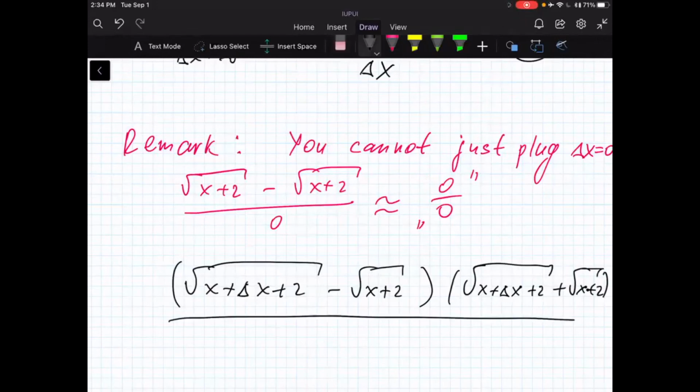I divide by the same expression, so initially I have delta x, and also I divide by delta x times the square root of x plus delta x plus 2 plus square root of x plus 2.